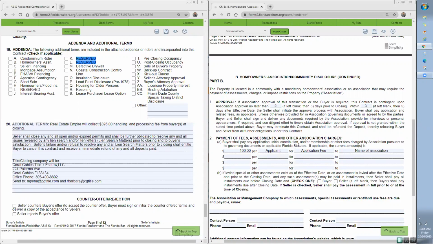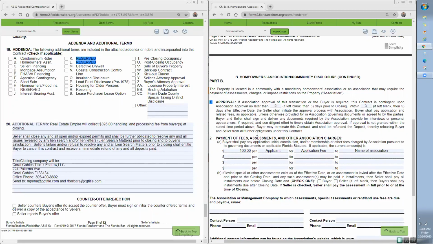Here you're going to put whatever the additional fees are. Let's say there's an additional fee that they have to pay, $50 per car for a parking decal. You're going to put here $50 per car for a parking decal to the association.